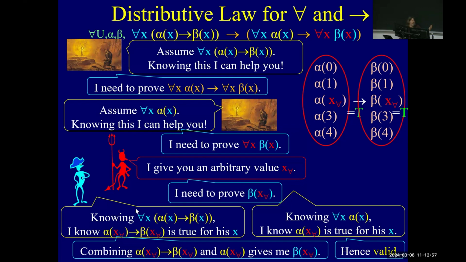The oracle says, I know it's true for all x, so it's true for your x. Hence the oracle knows this. And the other oracle says, I know it's true for all x, so it's true for your x. So now I know this about my x, and I know this about my x, so then I can do modus ponens. Everybody kind of follow that?